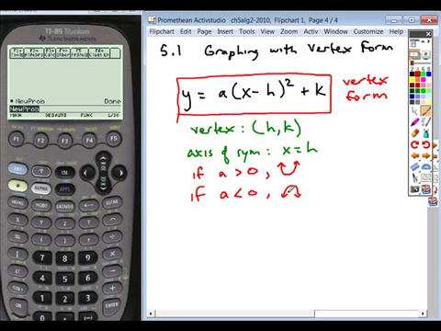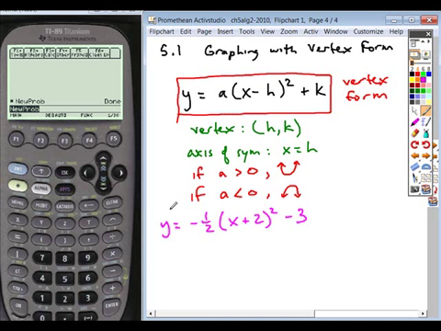And so if you're given a function in this form, let's say I gave you the following equation. If a is 0, then it's a linear equation, because then the highest power wouldn't be the x squared.